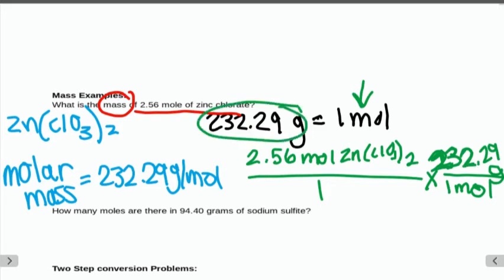So if you use a different color, you can make sure that you are canceling out your moles, and you will be left with grams.